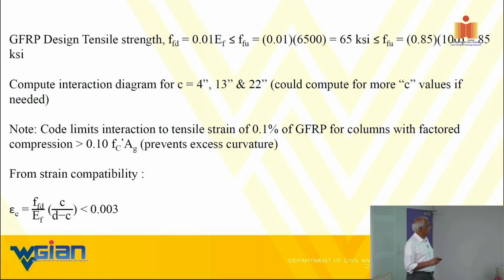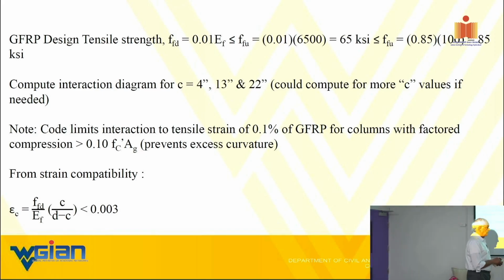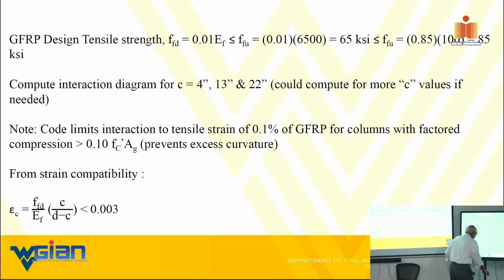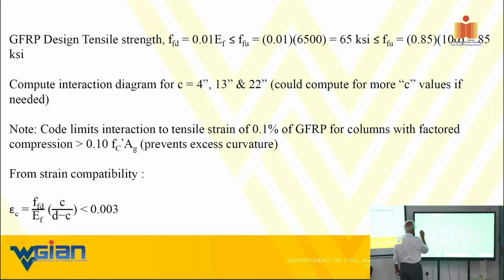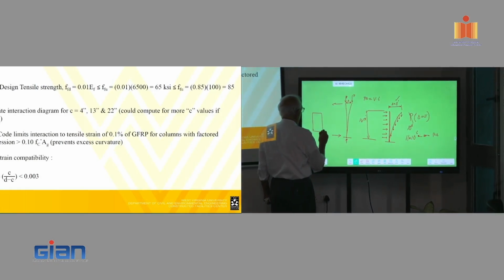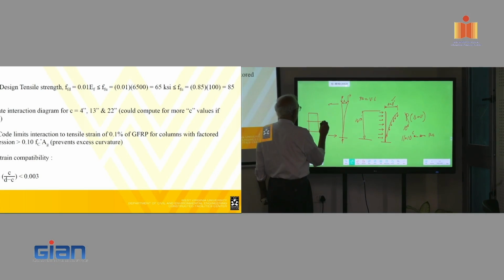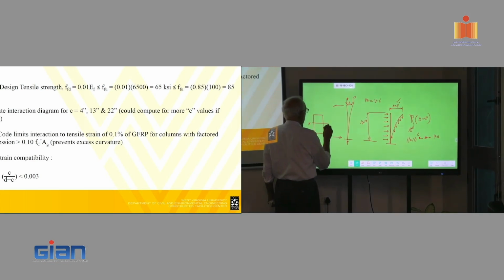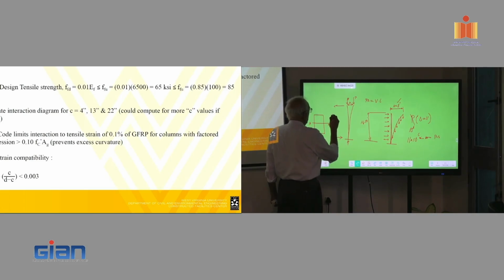I'm trying to find how that interaction curve goes for different C values, right? So if it is a compression failure mode, how many times I told you yesterday? If it's a compression failure mode, this is the neutral axis. So if it is a compression failure mode, it will be like that, right?